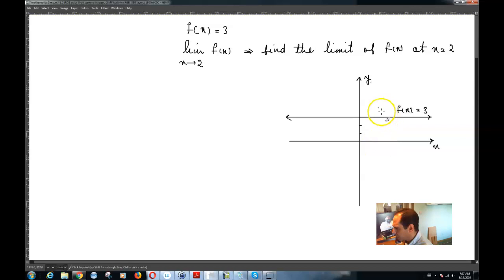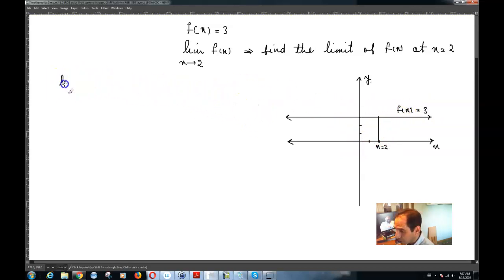Everywhere your y is equal to 3, all the way from negative infinity to positive infinity. That means that at any point close to x is equal to 2, as you get closer and closer to 2 from the right or left, the value of the function is simply going to be 3 and not changing.